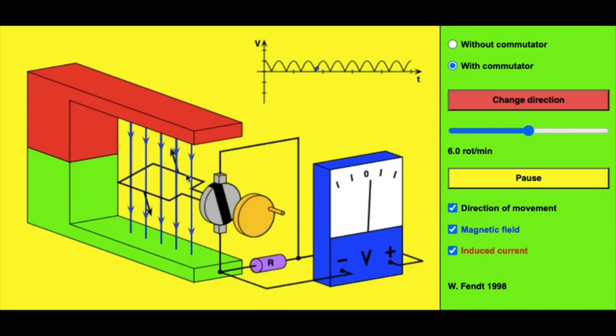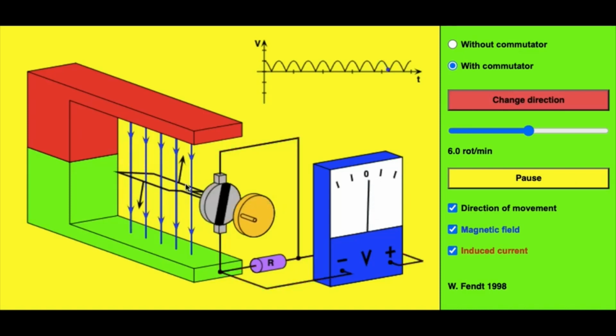Whether that is a hydroelectric power plant or a normal coal-fired power plant or a wind turbine, it is something external that is causing this coil to rotate within this magnetic field. As we can see, when the coil moves through that magnetic field, there's a change in magnetic flux which induces a current within that coil.